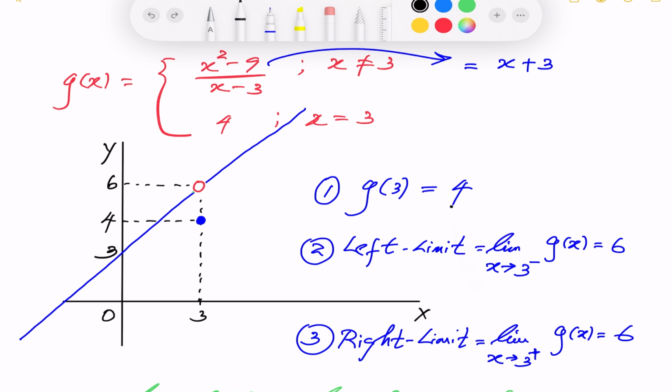If I have these calculated numbers, we can see it. Even though the limit exists, the limit is not equal to the value of the function when x is equal to 3. The value of the function when x is equal to 3 is equal to 4. That is not equal to 6. Therefore, the function is not continuous.